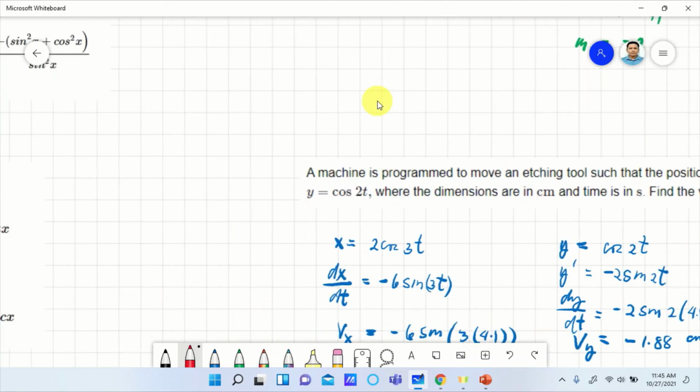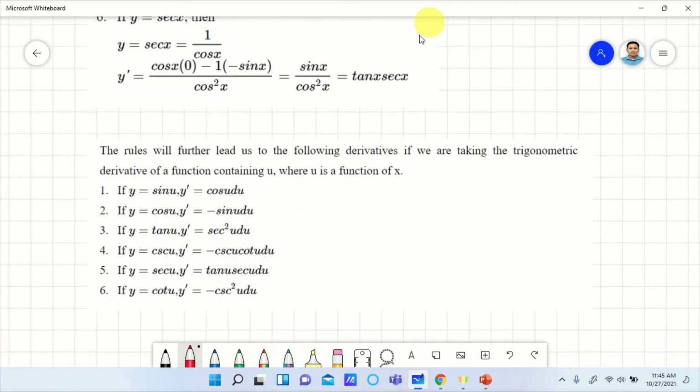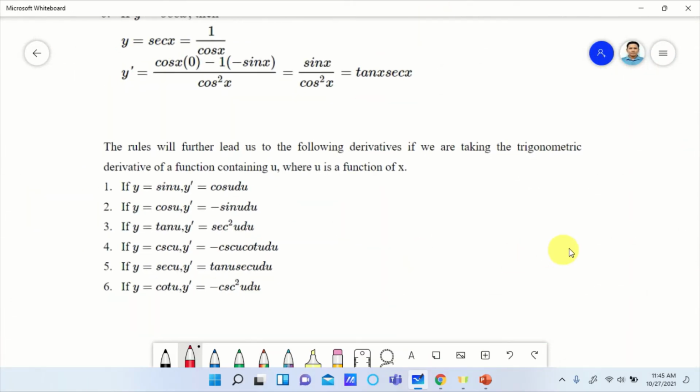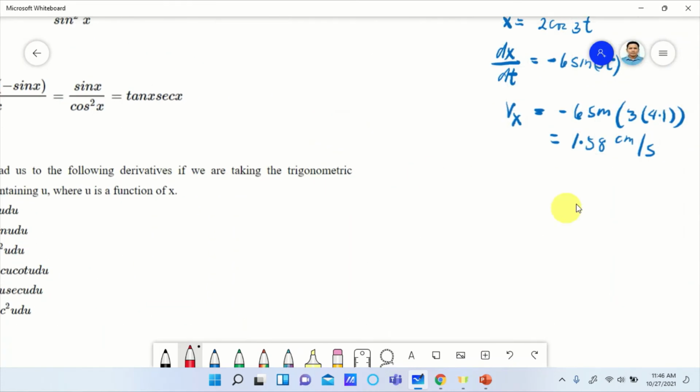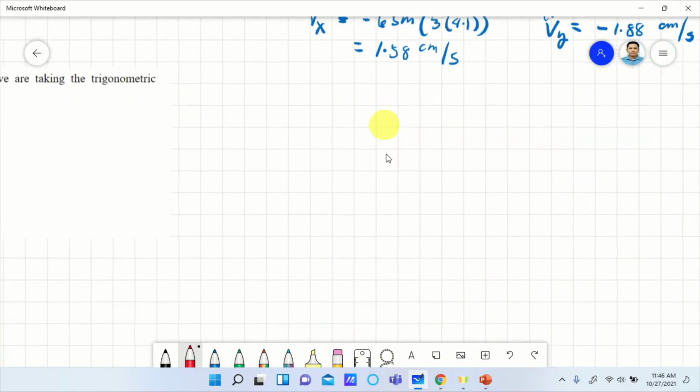So we will be using the second set of derivatives of trigonometric functions here, because in this given problem, the trigonometric derivative contains a function u, which is a function of x.